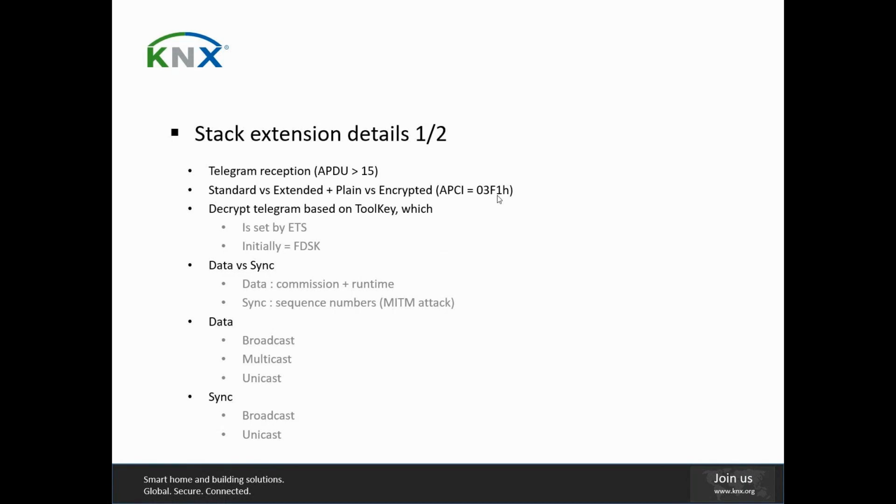So it could be an encrypted group value write, a group value read, a memory write, a memory read. All of those are encrypted, but they all have the same APCI, however. It's always 03F1. So you only find out the real APCI after the decryption. I guess that's quite obvious.